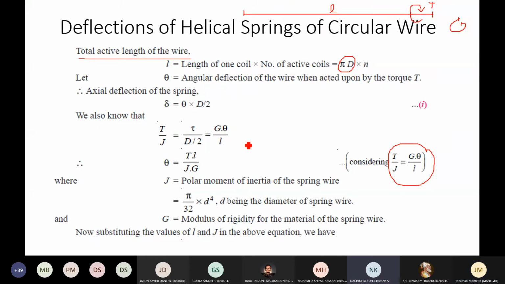Sir, how did you get that formula, delta is equal to theta into d by 2? This is the actual deflection of the spring. Just to give an analogy, in analytical geometry, if you have a theta here, then this is d by 2.